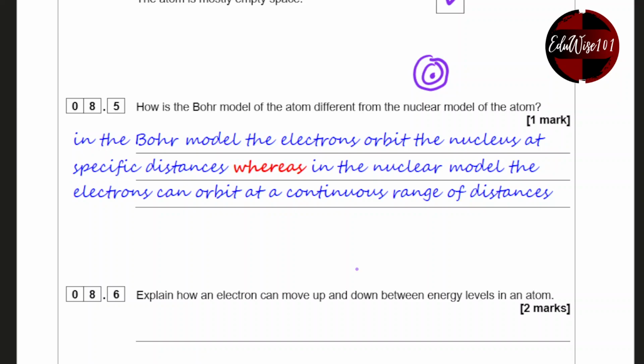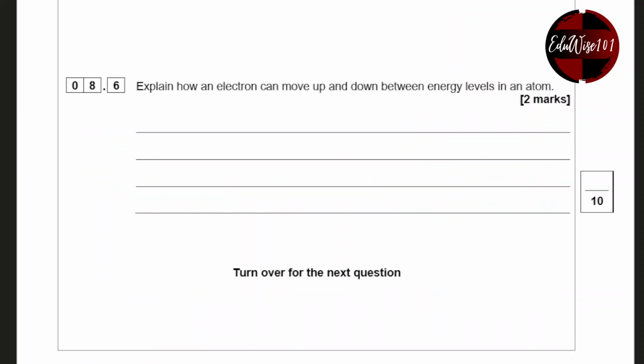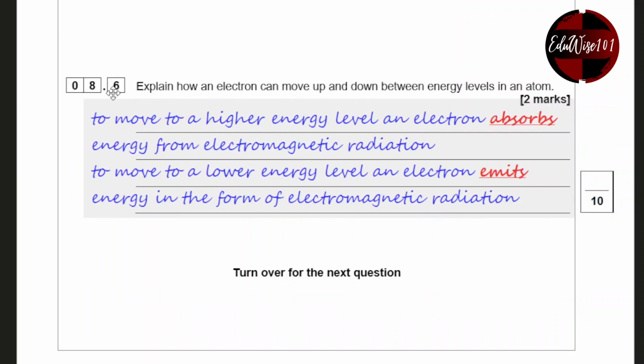For it to move down, it needs to emit that energy. To move to a higher energy level, an electron absorbs energy from electromagnetic radiation. To move to a lower energy level, an electron emits energy in the form of electromagnetic radiation.